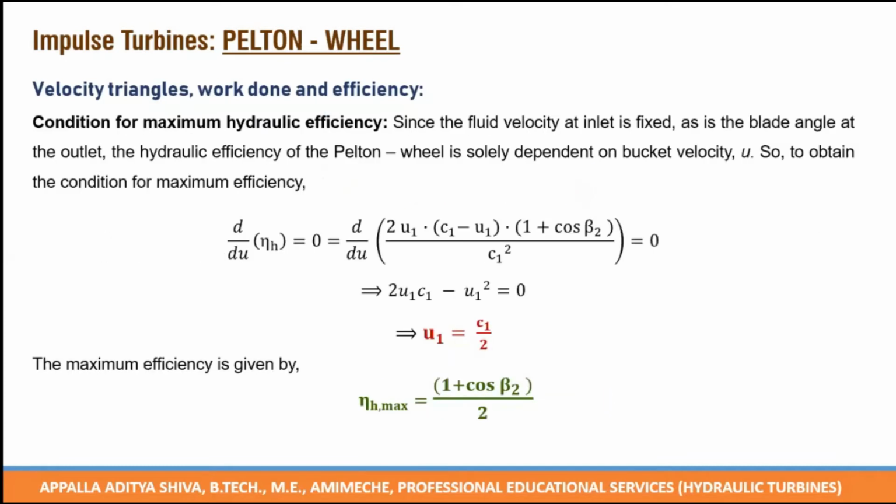Next, we have to derive the condition for maximum efficiency. At what particular inlet parameters will we have a turbine working at optimum condition, that is, best efficiency? Now, we have the inlet velocity of the jet fixed. Then we have the outlet blade angle also fixed by design.